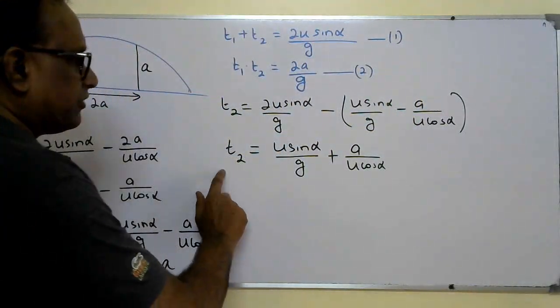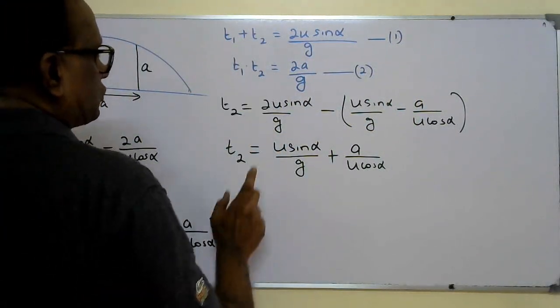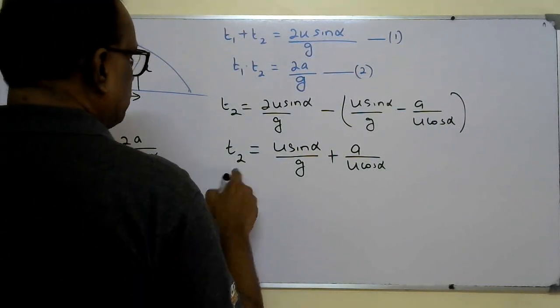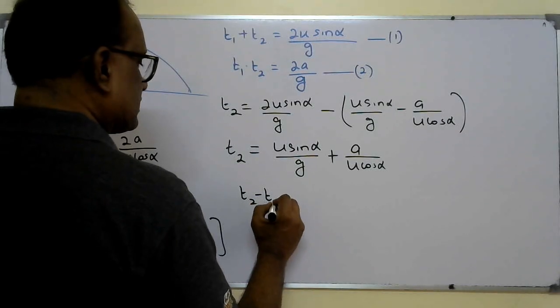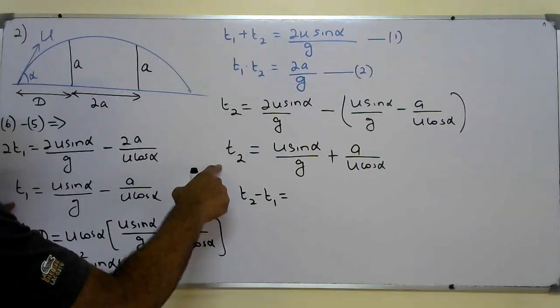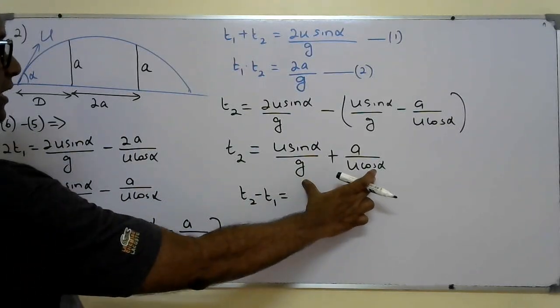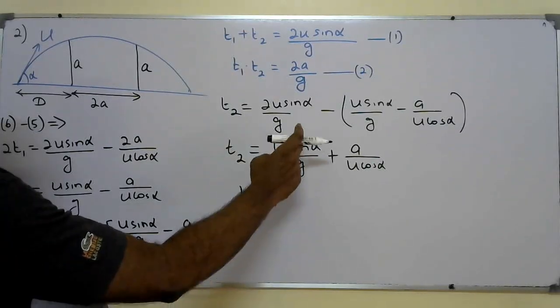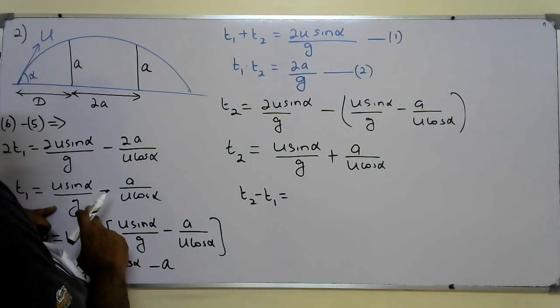Okay. So we know t2, and we'll try to find t2 minus t1. t2 I know, t1 I know, so this minus this. That's going to be u sin alpha over g, u sin alpha over g will get cancelled.